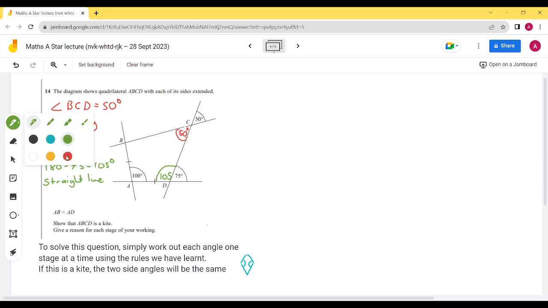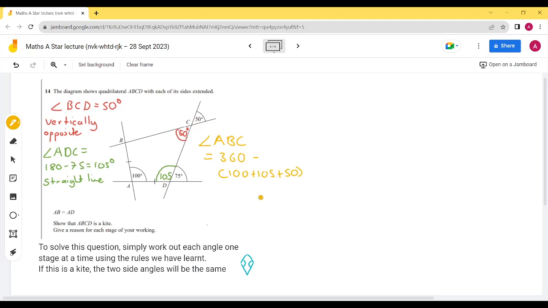Now how would we get to angle ABC or CBA? It doesn't really matter which you put first and which you put last. For angle ABC, a kite is still a quadrilateral, so the rules of a quadrilateral apply. So it equals 360 minus the other angles, so minus 100 plus 105 plus 50.